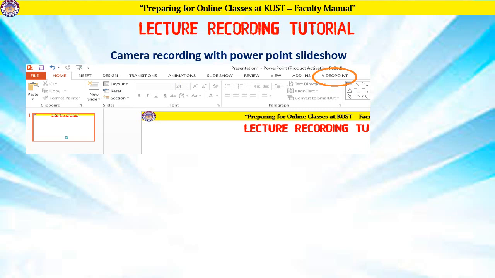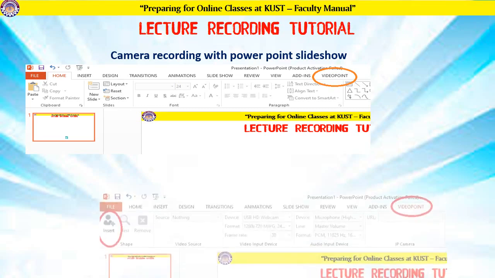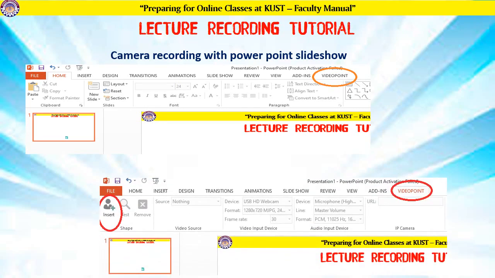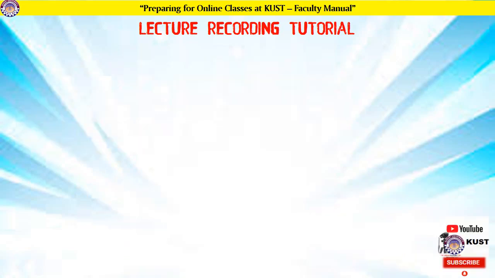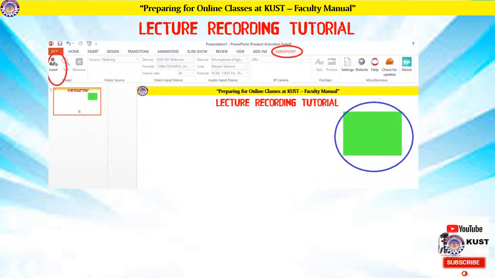So I opened my slide, as you can see the current slide, and I clicked the VideoPoint option, and in the VideoPoint menu there is an Insert option available. I clicked that, and I received a square box on the slide, so I can minimize, maximize, or place it by drag and drop at any position on the slide.